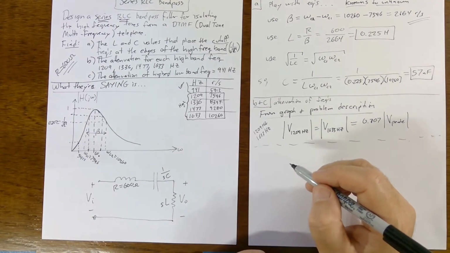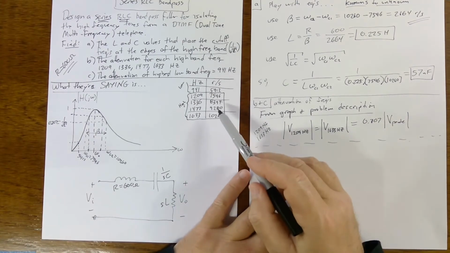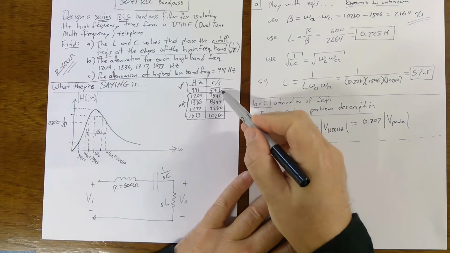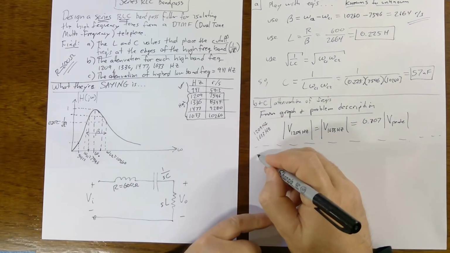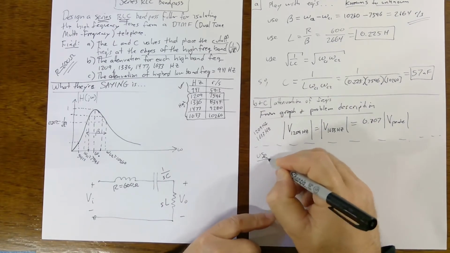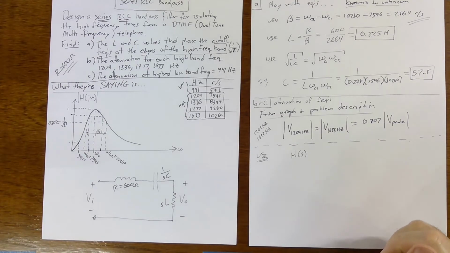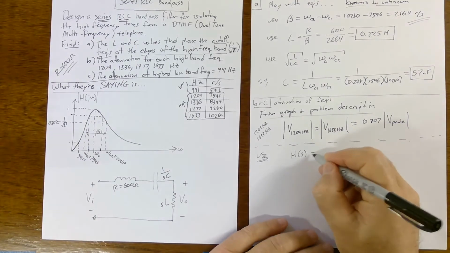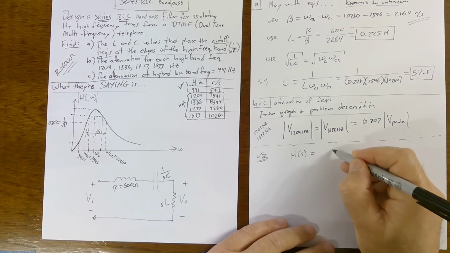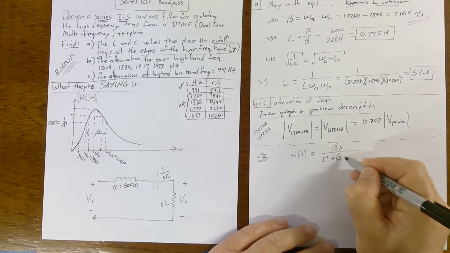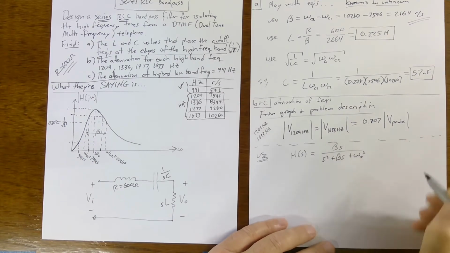All right, now we need to solve for the attenuation at these two middle frequencies and at this one low frequency. So to do that, we need to do a little bit of cranking, some math. So we're going to use the transfer function, which for a bandpass filter is given by beta s over s squared plus beta s plus omega 0 squared.